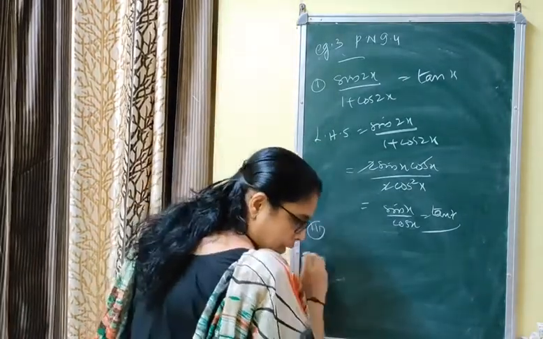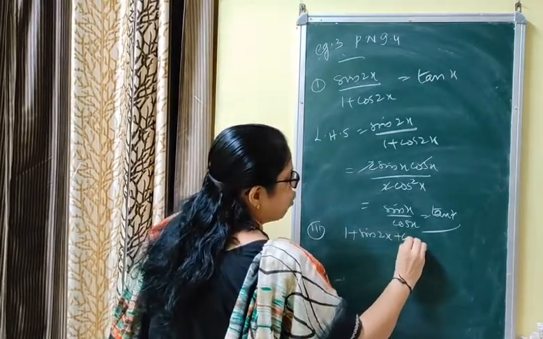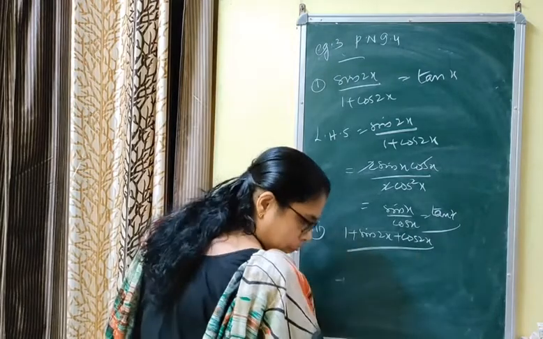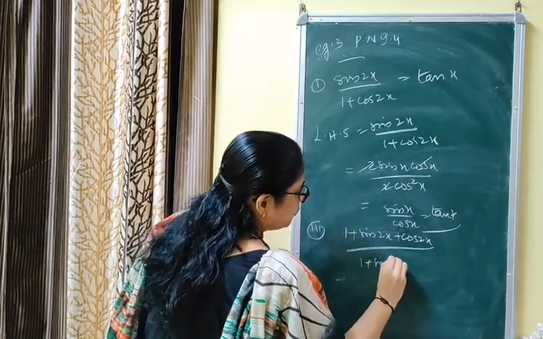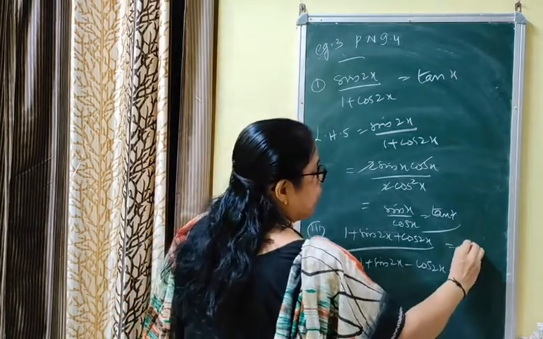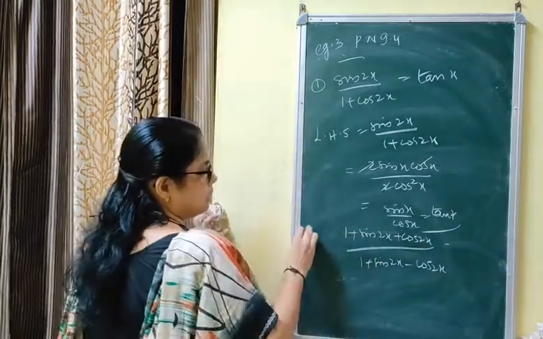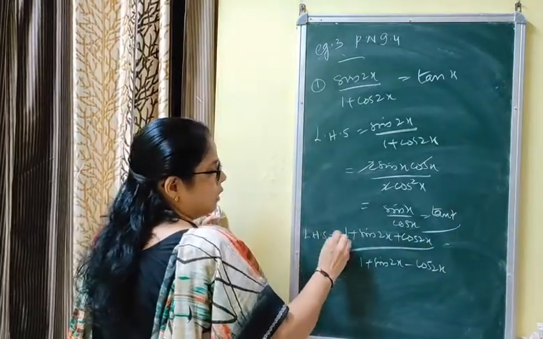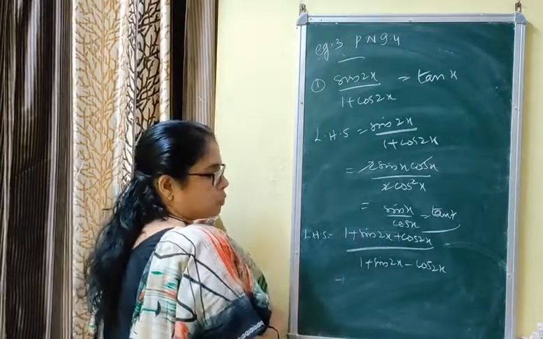Prove that (1 plus sin 2x plus cos 2x) whole upon (1 plus sin 2x minus cos 2x) is equal to cot x. You have to prove. Now let us start from LHS. If you combine the first and last term, you can use the formula for 1 plus cos 2x.